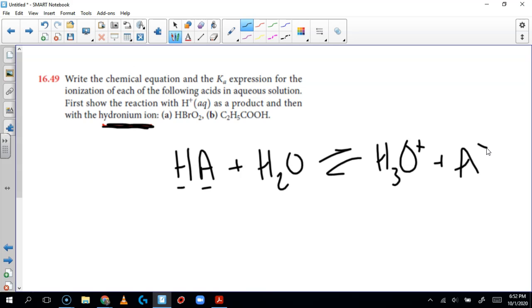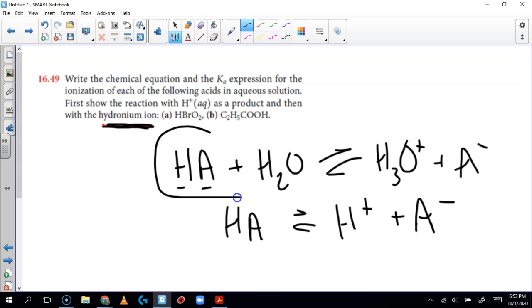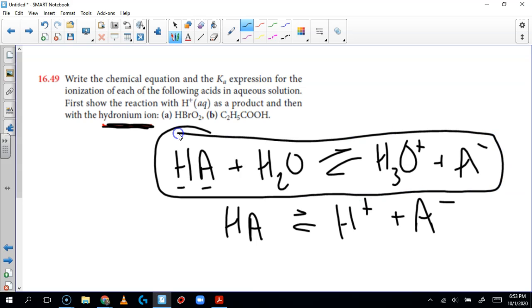But again, that general form is going to be HA in equilibrium with H plus A minus. But this is the form that is the most useful, and maybe the most chemically accurate. So that's the one we're going to stick with if you have me as a teacher.